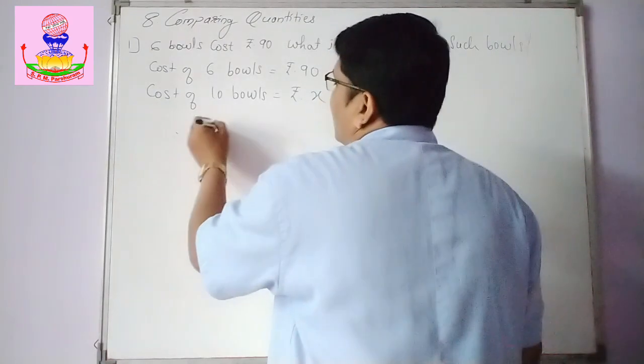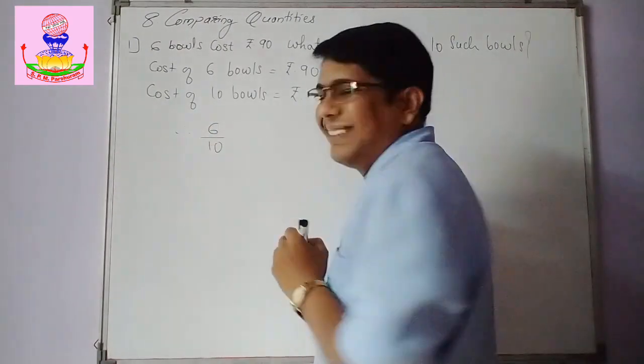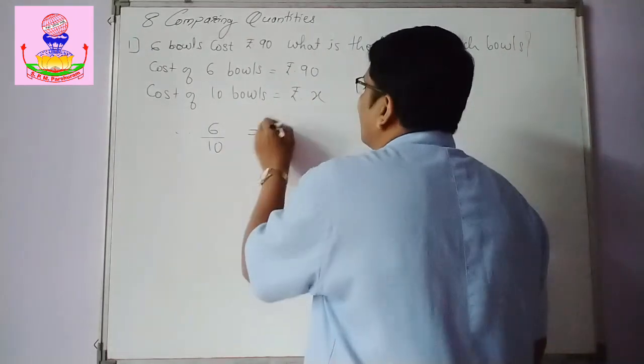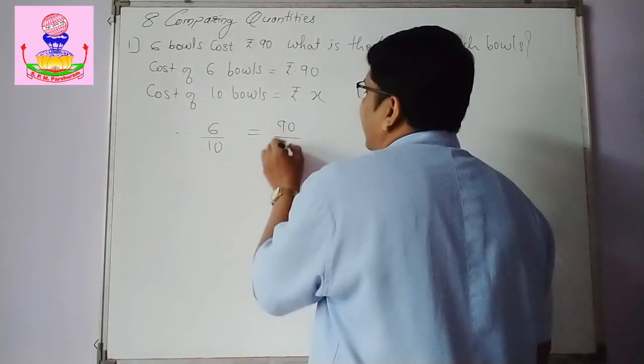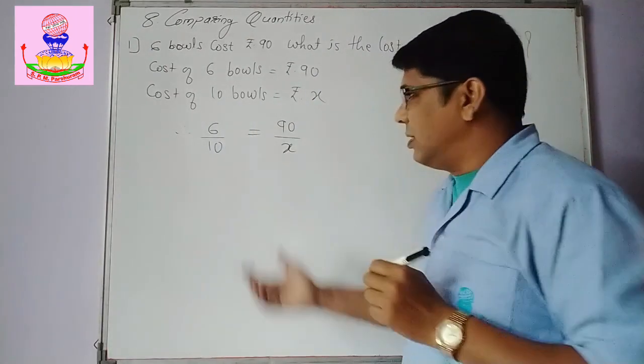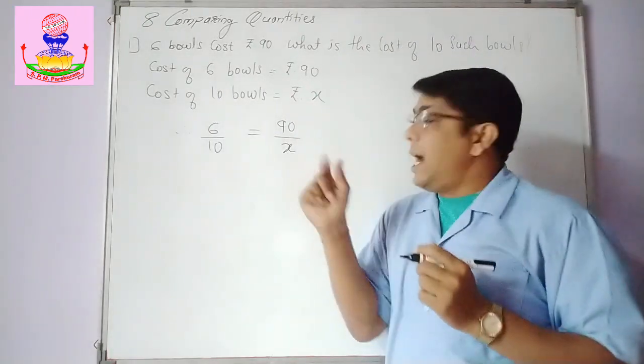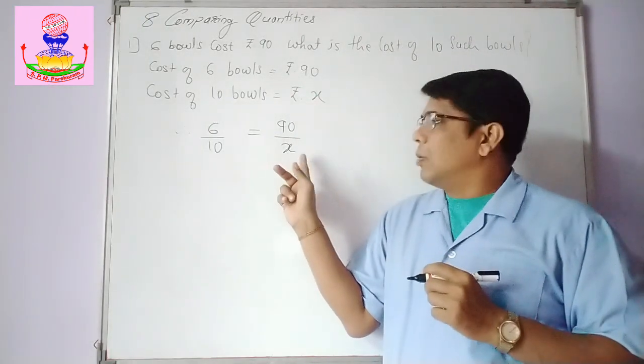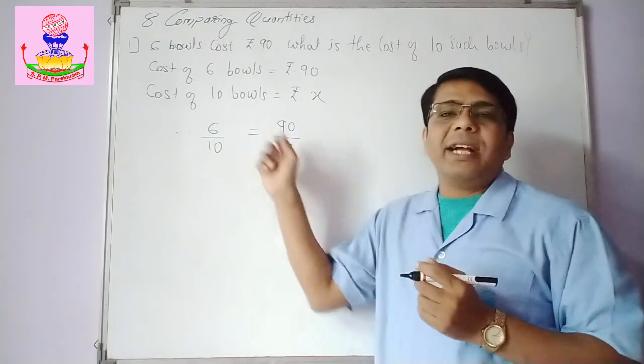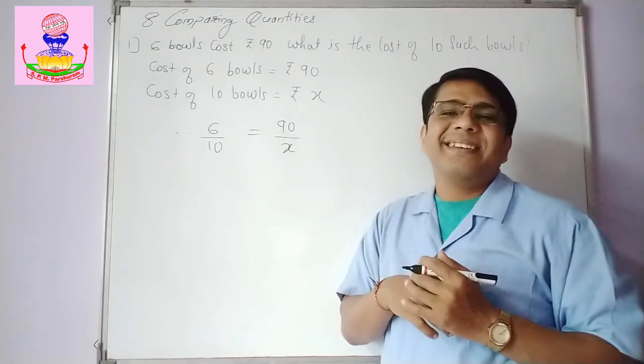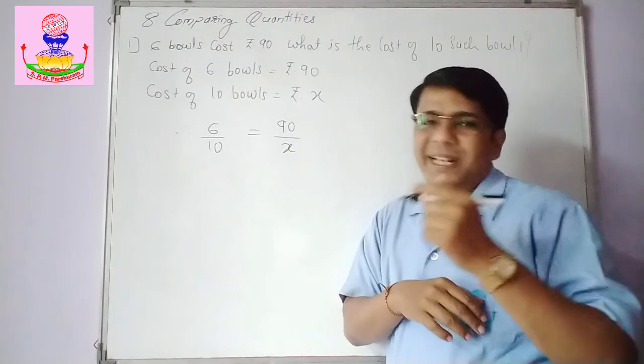Now we are using the method of proportion. Therefore 6 upon 10 should be equal to 90 upon X. So we have put them in proportion. Now I want to find the value of X. Bring this X to this side. When it comes to this side, it will come in multiplication.